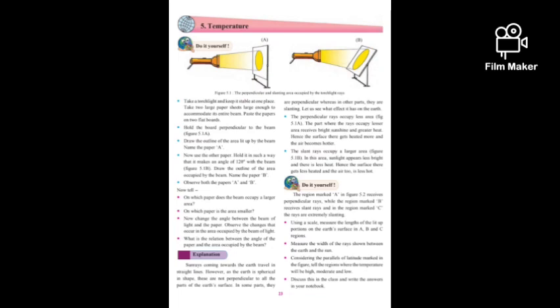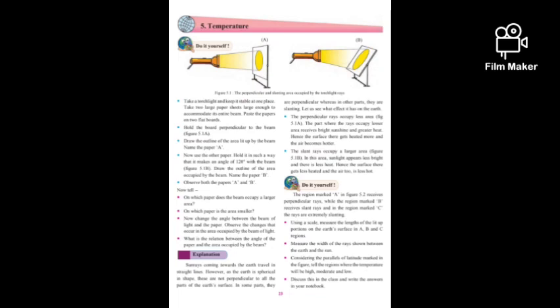The sun rays are slant, the light which falls is slant. So if the rays are slant, the area occupied is more. So the part where the rays occupy lesser area receives bright sunshine and greater heat.